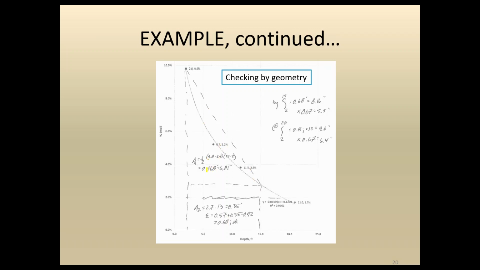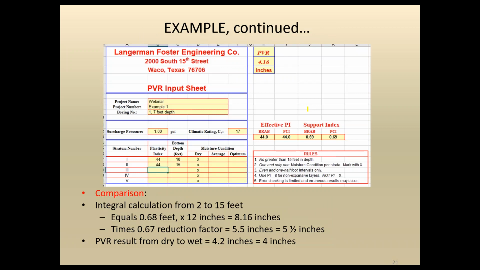And here we have the 6.81 inches, or actually backing up to 0.56. And to add all these together, we have the 0.57 and the 0.35 here. We get a 0.92, and that exceeds the 0.68 here that was calculated by integration. So feeling good about that value.